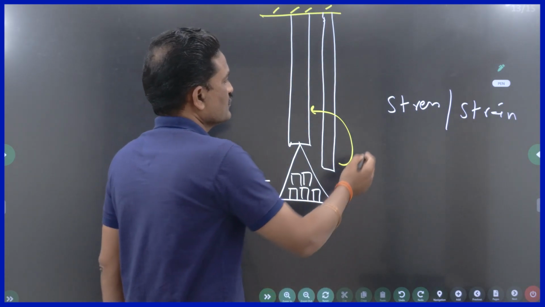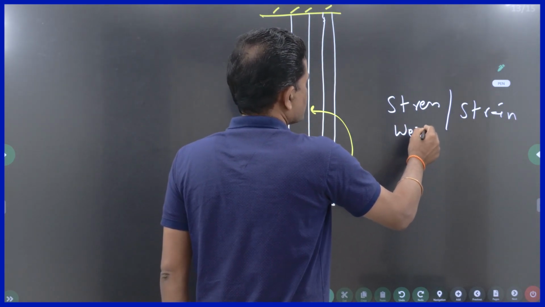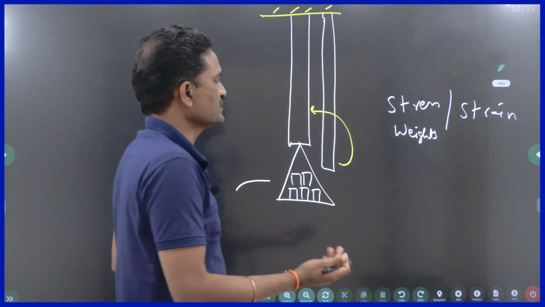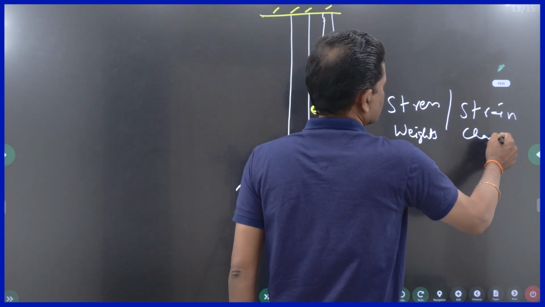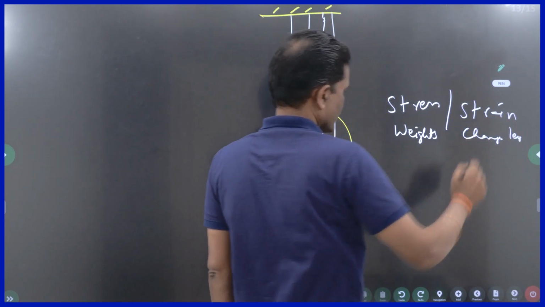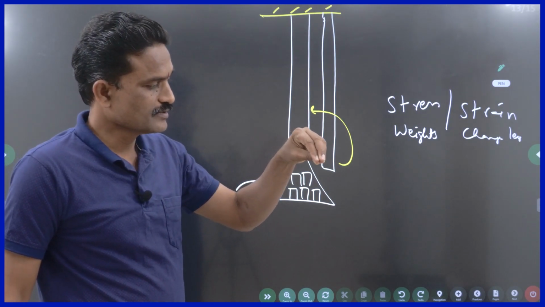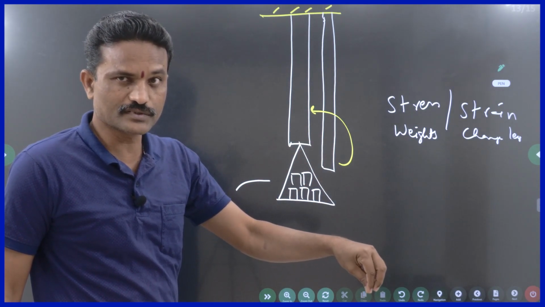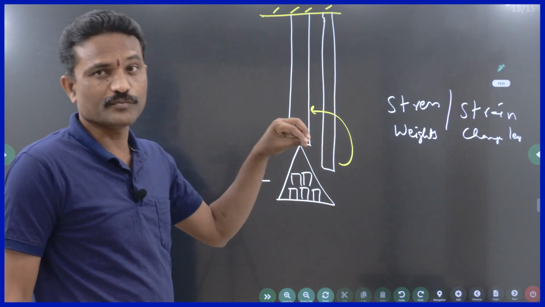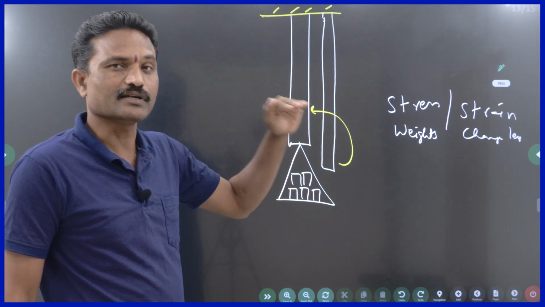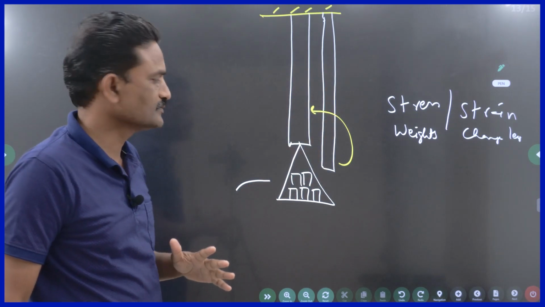Stress is nothing but application of weights, increasing the force. Strain is nothing but change in the length. So I am plotting a graph between these two. I am applying weights, that means applying force, then removing, applying, removing. Is it coming back to its original length or shape or size or not, that I am checking.